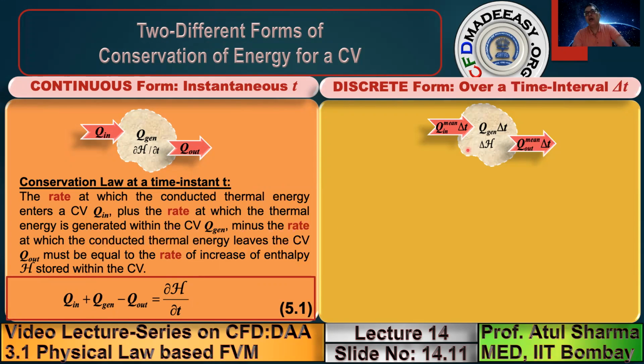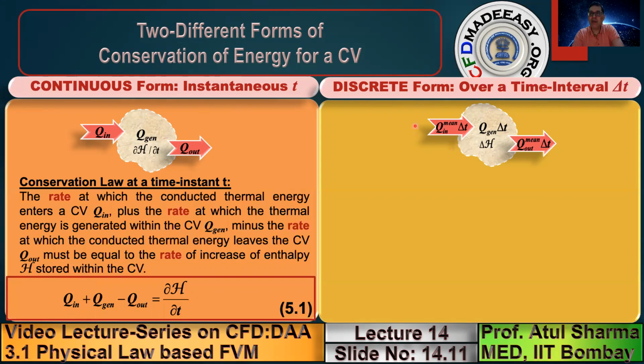Whereas in thermodynamics, the statement that you have used involves amount. I have borrowed the statement from thermodynamics, but note that the formulation that I am doing, for which the symbols I am using, corresponds to a term which involves a rate of heat transfer.